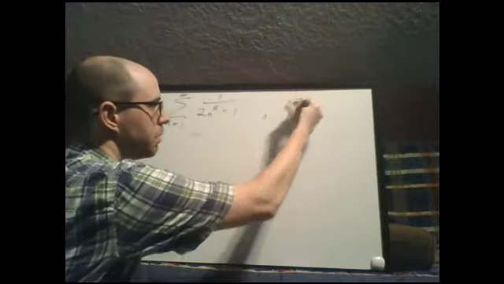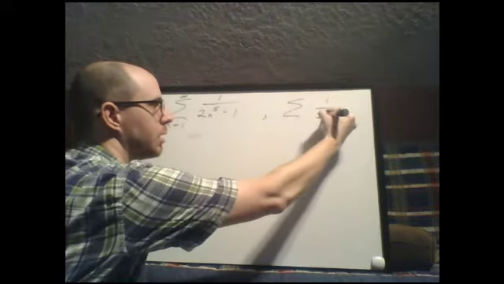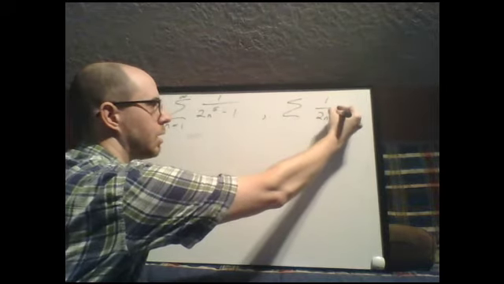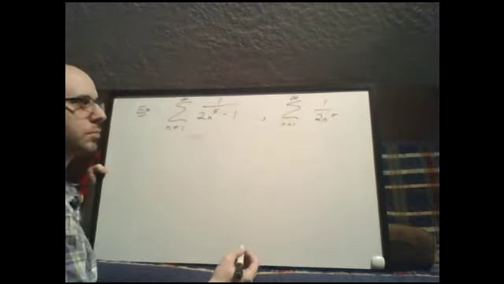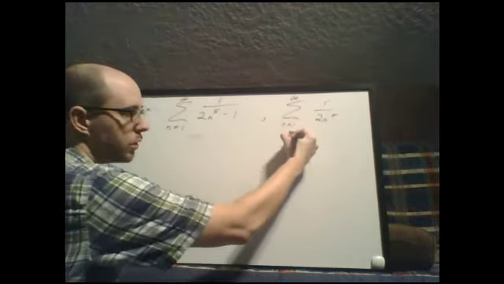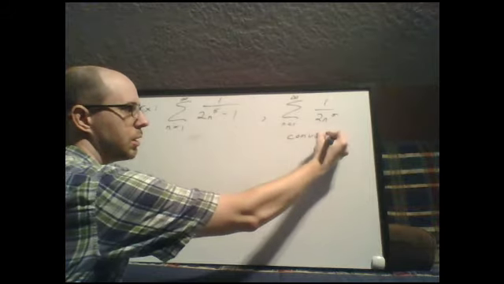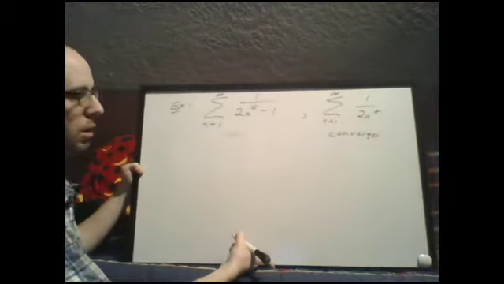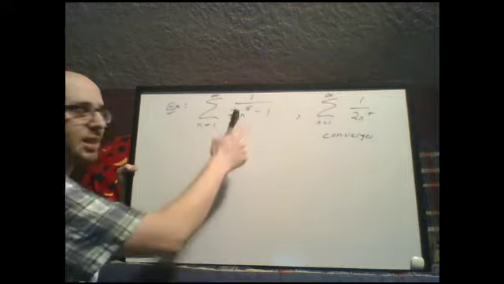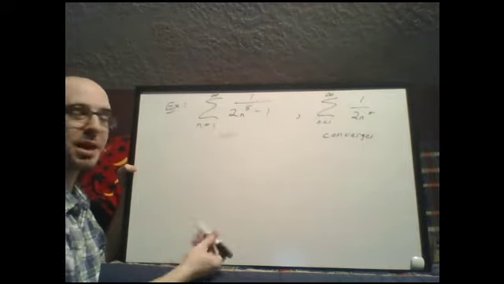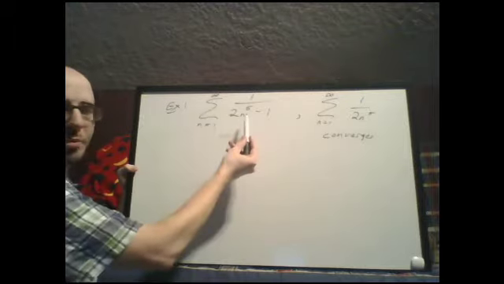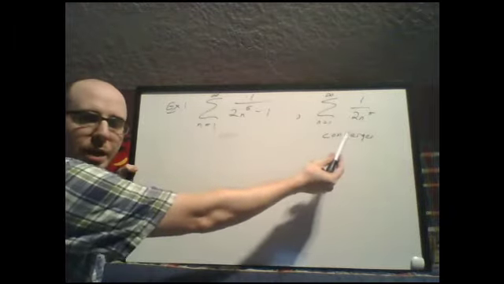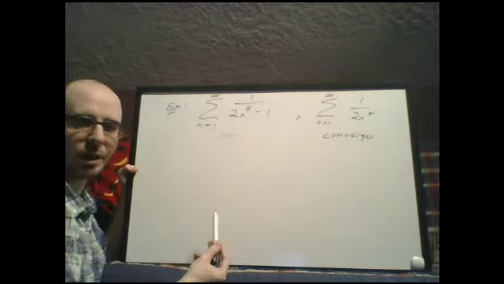That was summation of 1 over 2n to the 5th. I know this one converges, which leads me to suspect that this similar one should converge, but my direct comparison didn't help me to conclude that, because this one, the unknown, was bigger than this one, and bigger than convergent doesn't tell me anything.